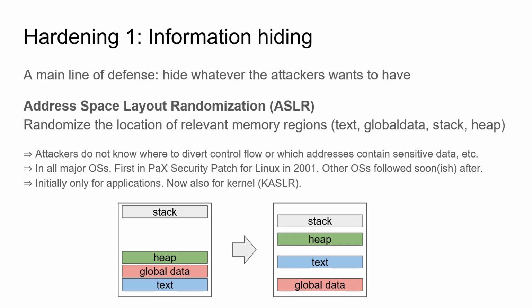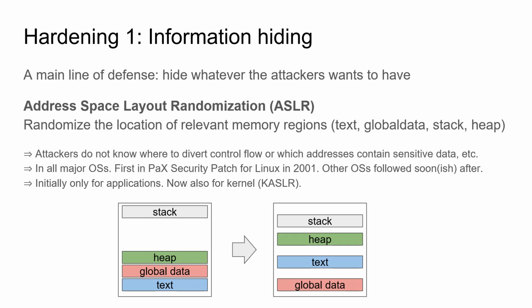Okay, and this is known as address space layout randomization, ASLR. And in the kernel, it's known as kernel ASLR, KASLR. And that means that we randomize the location of relevant memory regions. So that is the most common implementation of ASLR.